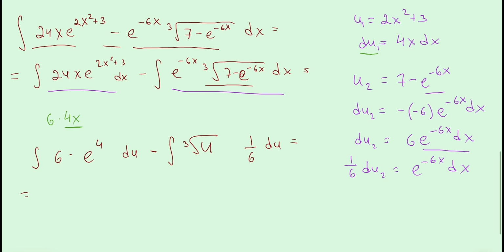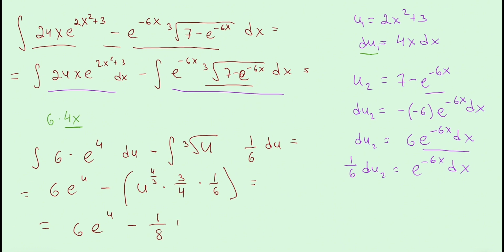In the first equation, we could integrate this easily, and we will get 6 e to the u minus the integral of u to the 1/3 power, which is going to be u to the 4/3 times the reciprocal of 4/3, which is 3/4, times 1/6. Now let's simplify this. We will get 6 e to the u minus 1/8 u to the 4/3.